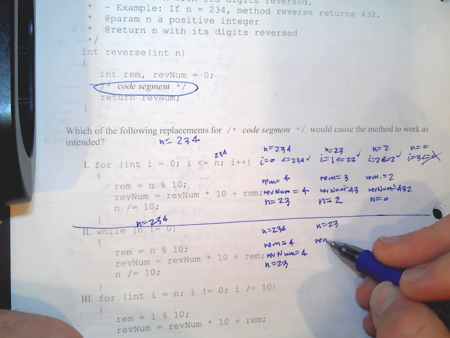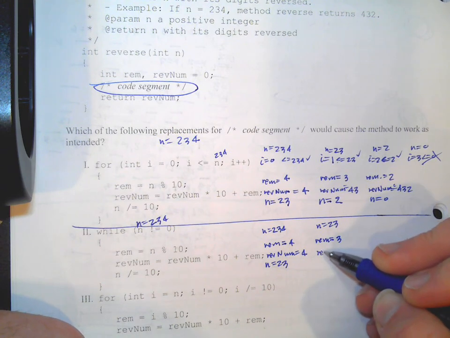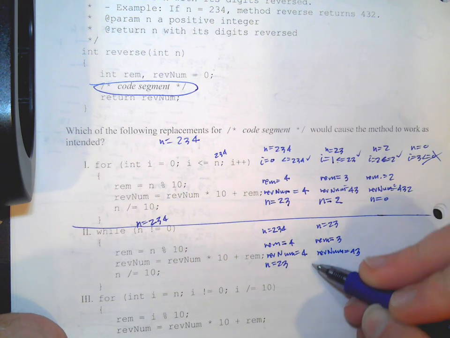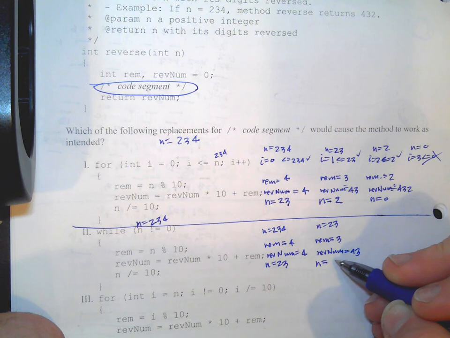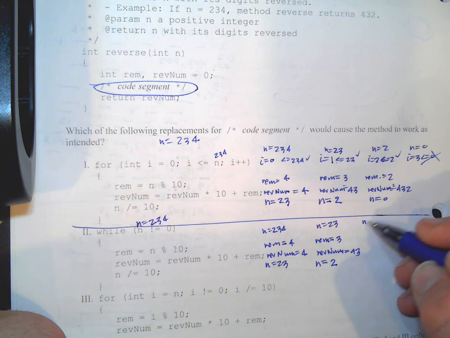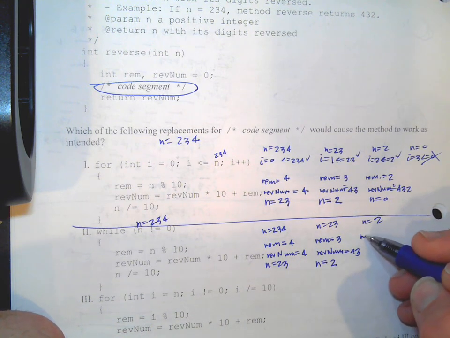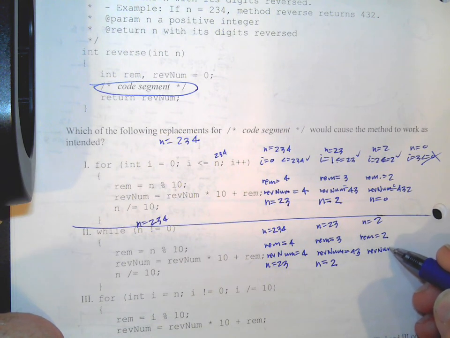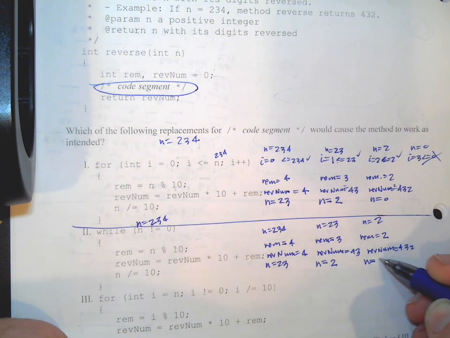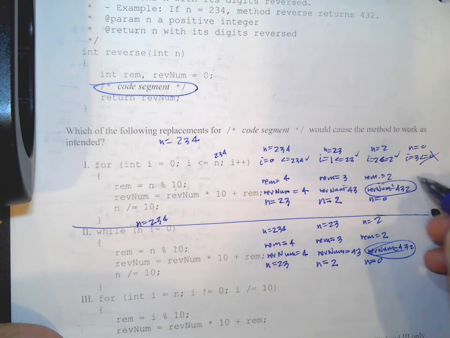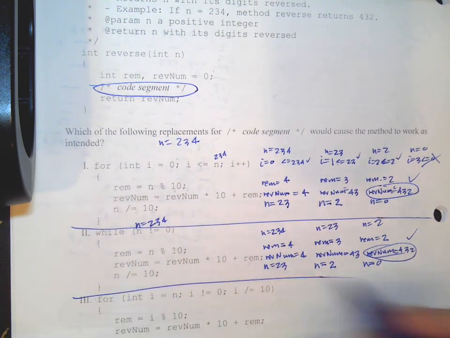So remainder equals 3, and rev num equals that times 10 plus that, which is 43, and n equals 2. So n equals 2, which is not equal to 0. Remainder equals 2. Rev num equals 432. And n equals 0, which now equals 0. So that's it. That's rev num. So that one seems to work.